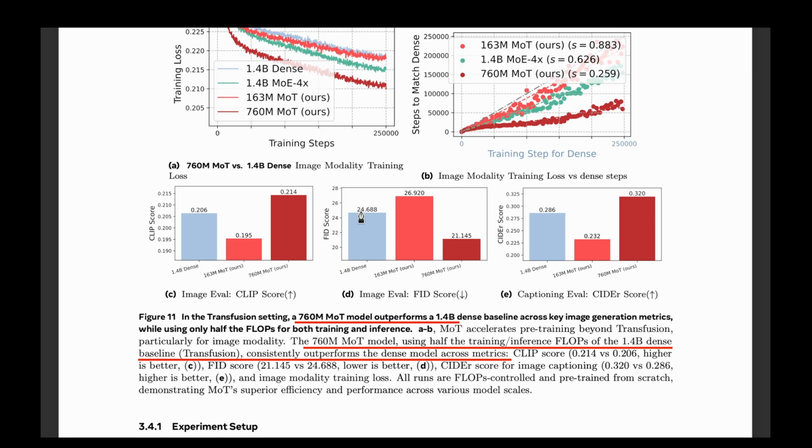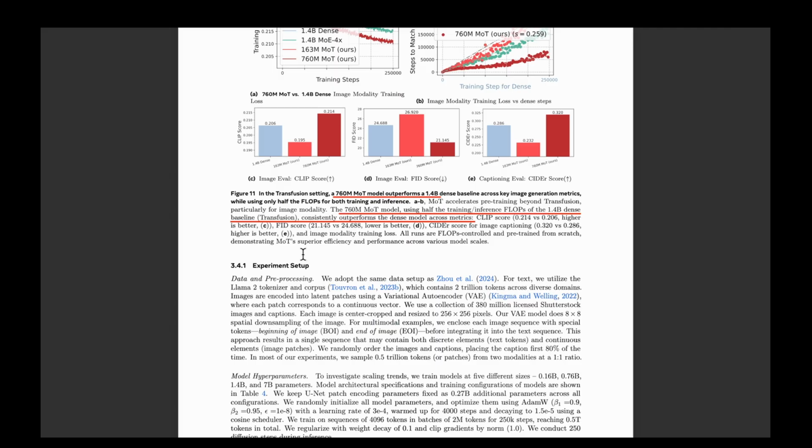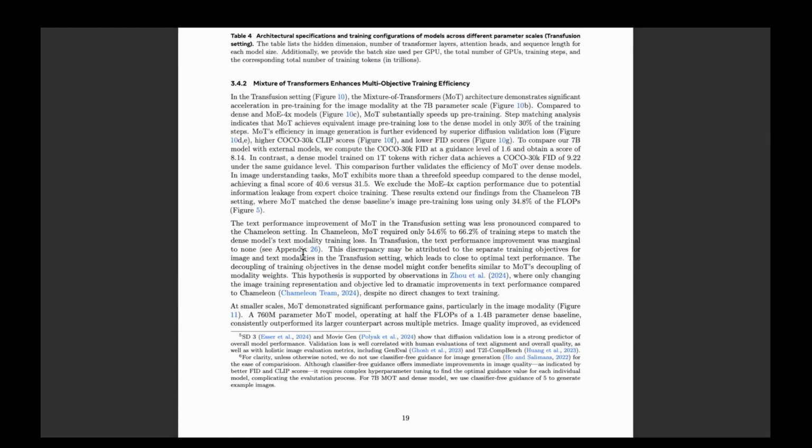Similarly for the FID score, where the lower score is better, it's just 21.145 compared to 24.688 for the dense model. And when it comes to CIDEr score, a higher score is better, and we can see that the MoT model gets a higher score of 0.32 compared to a score of 0.286 for the dense model. That's pretty much about the three settings that they are evaluating their models for.